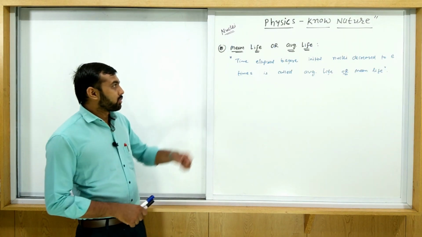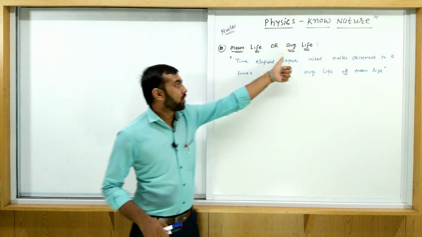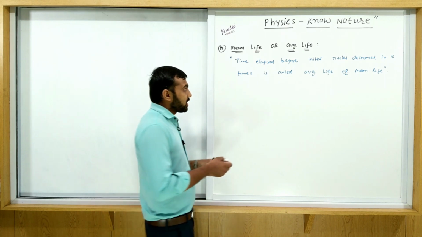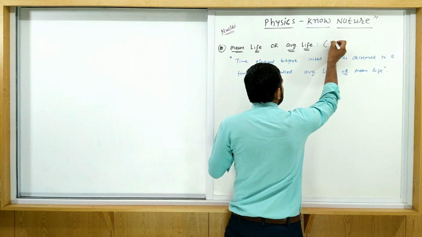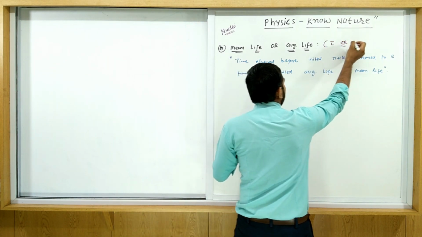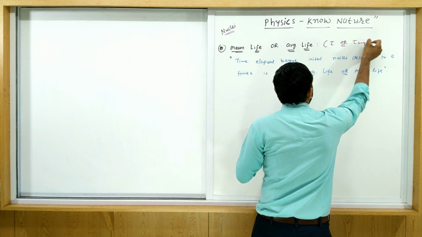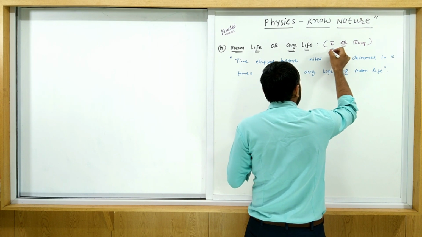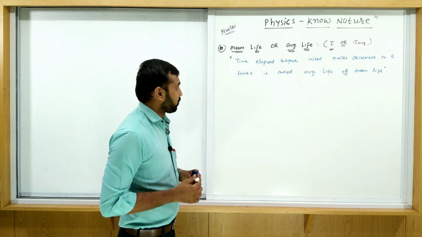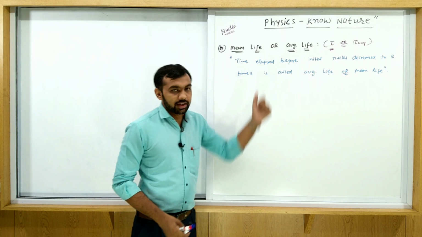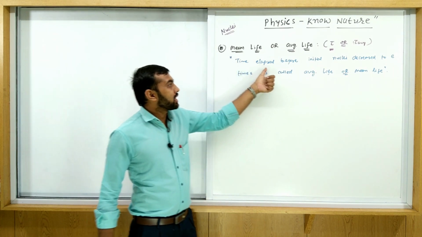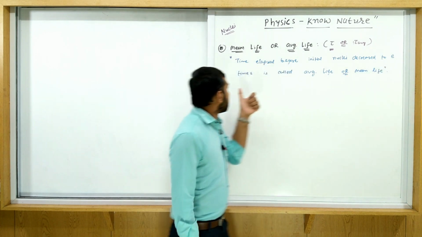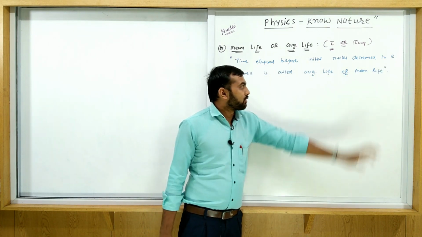Now we are going to discuss the mean life or average life of any radioactive substance. Generally this is denoted by tau or tau average. There are two symbols used, but we are using tau because it is given in our textbook. So what is mean life? The time elapsed before the initial nuclei decrease to 1/e times is called the average life or mean life.